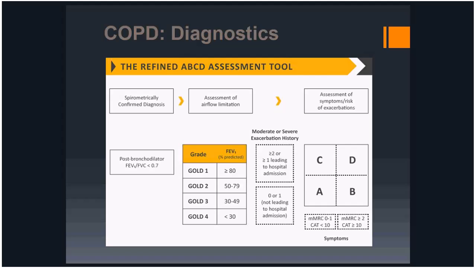And then we have to assess airflow limitation, and that's when we're also going to use the FEV1 from the spirometry readings to determine the airflow limitation. And then we're going to evaluate exacerbation history, look at their symptoms and risk, and then we're going to determine which stage the patient is being assigned to.